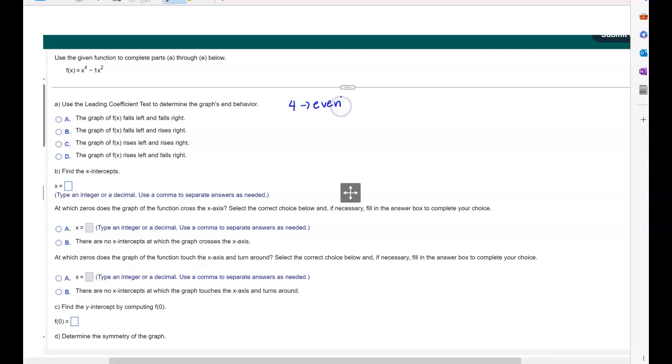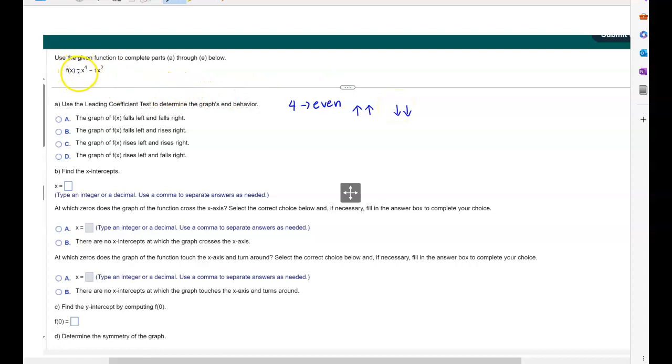Now, if you have an even degree, that means that the end behavior will either be all going up or everything's going down. Now, how do you know which one? You look at the coefficient of the leading term.